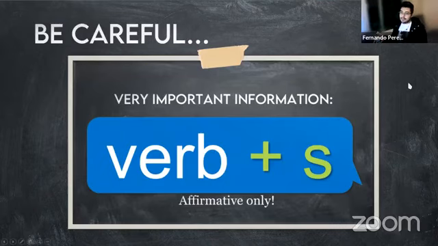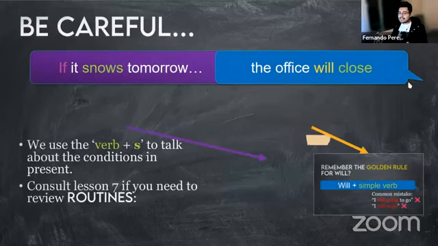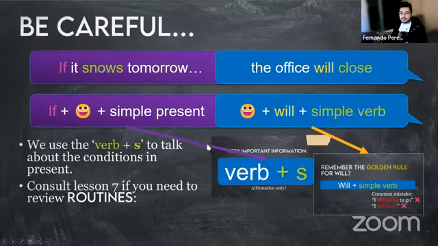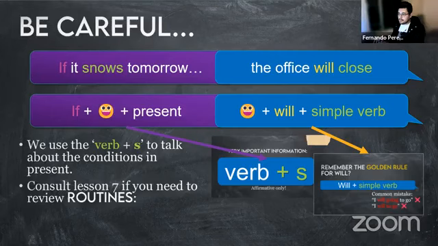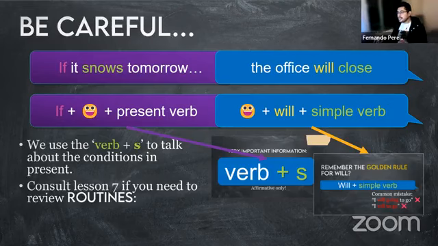Technically, it's necessary to use the verb plus s because this is the simple present. Consider and associate the verb s with the present. They are equal, similar.